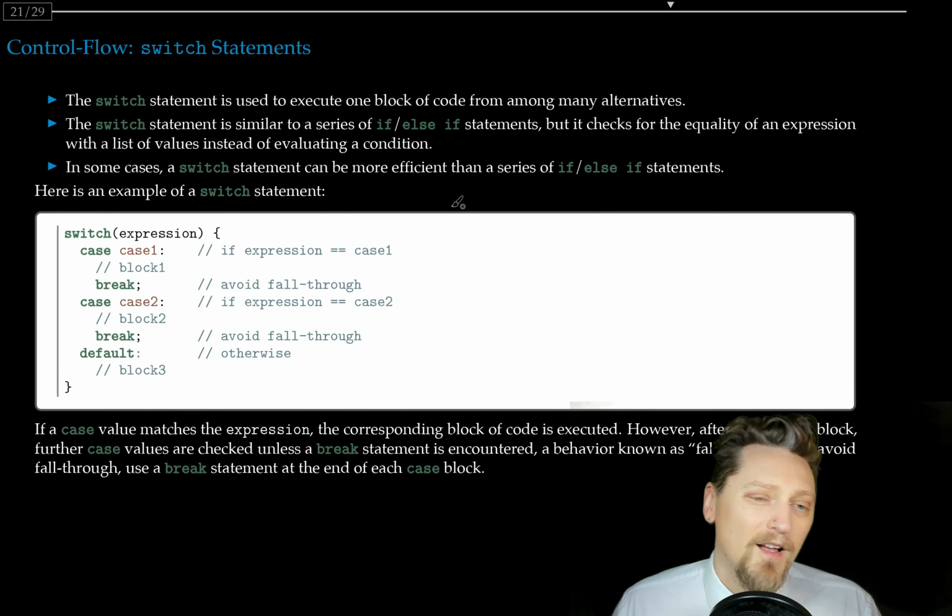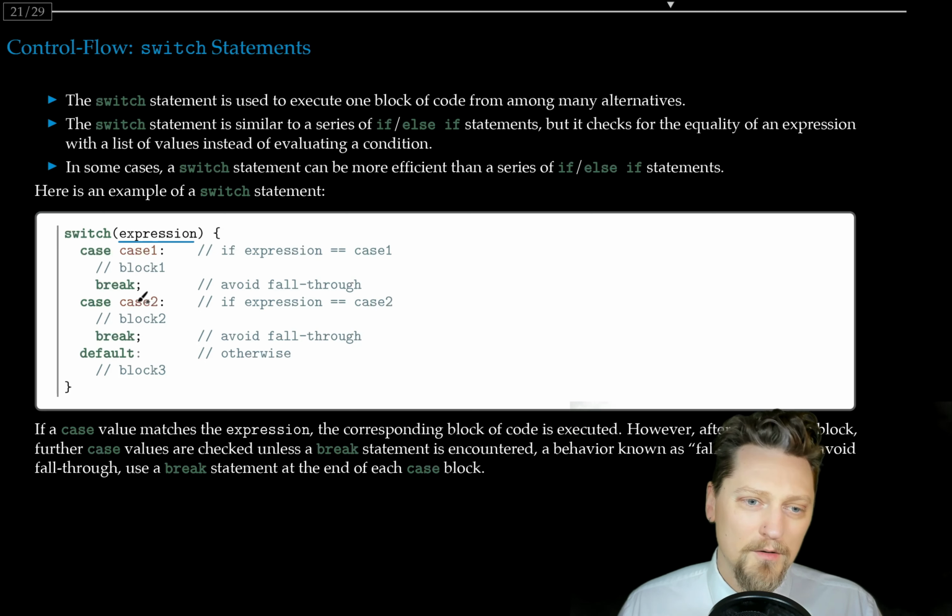Here is an example of a switch statement. So switch, we have the expression, we have case 1. So the block 1 here is going to be executed if expression equals case 1.